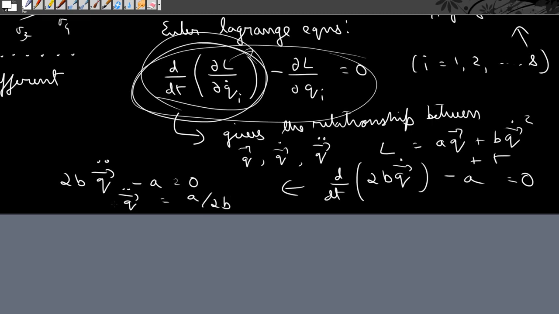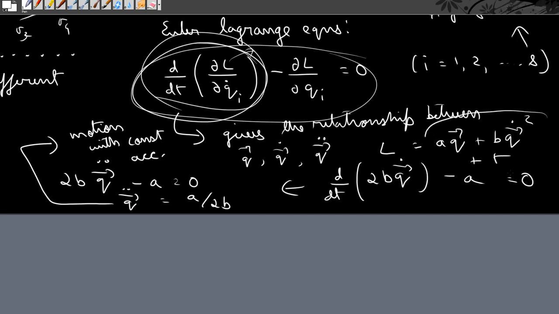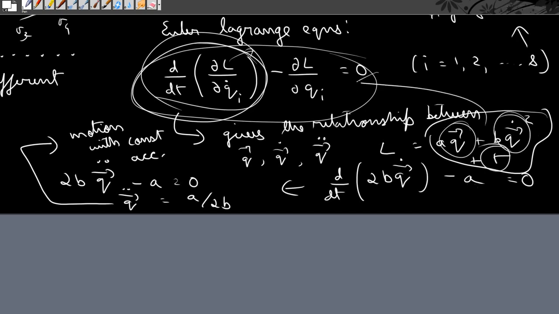So this is the case which, if we recognize, is motion with constant acceleration. Okay, so similarly we can have any functional form of the Lagrangian which depends on the generalized coordinate, generalized velocity and time, and the Euler-Lagrange equation will give us some relationship between q dot and q double dot by simply applying these conditions.